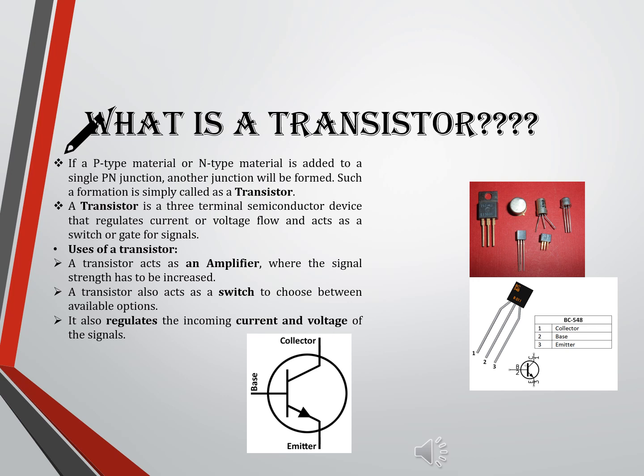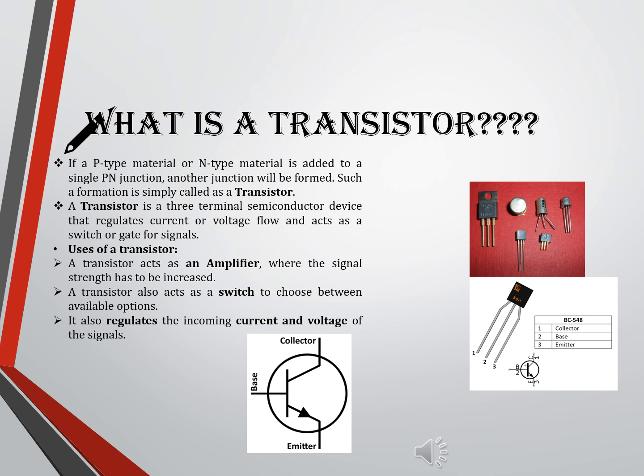So from the base-emitter junction, that is the positive side, the arrow mark is towards the negative side. So P to N, the flow of current is shown from P to N. That is why the arrow mark is shown to the negative side. So we can call it an NPN.